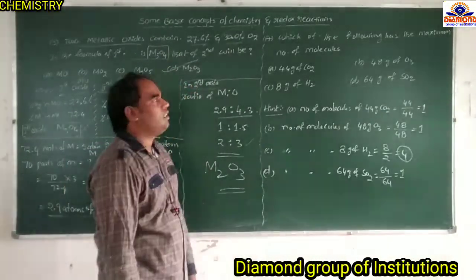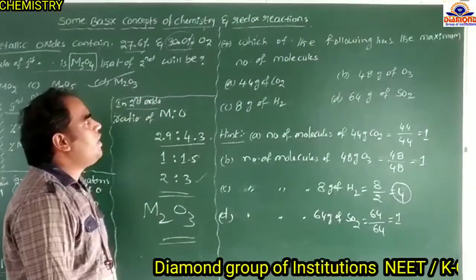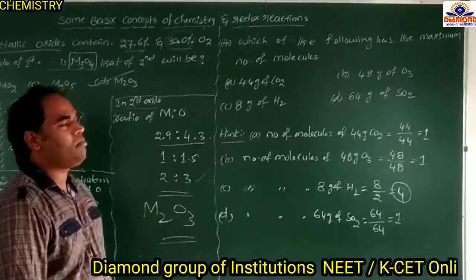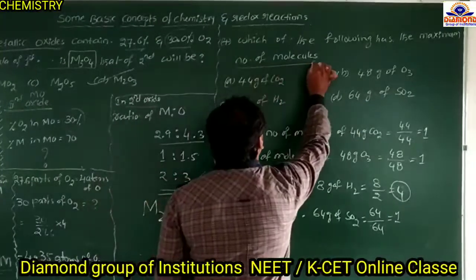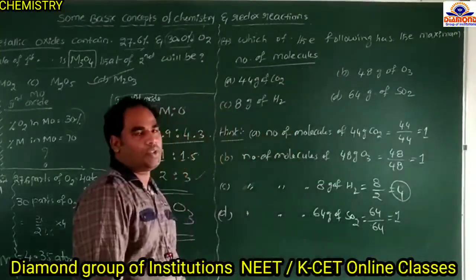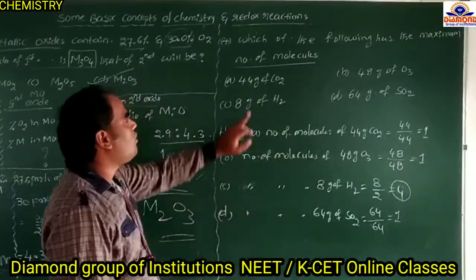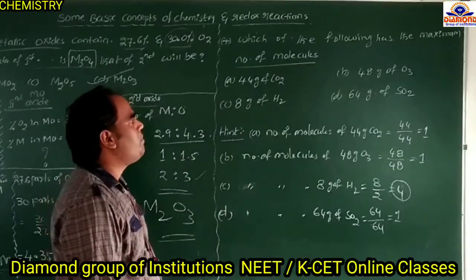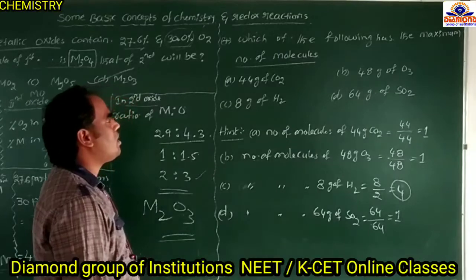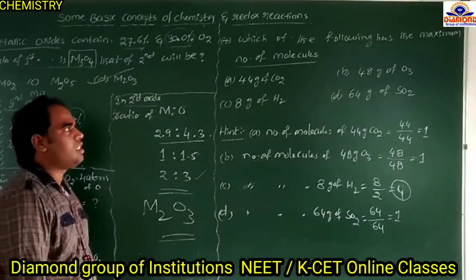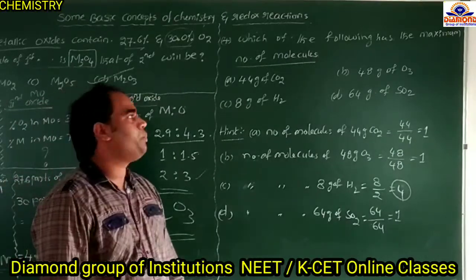Question number 4. Which of the following has the maximum number of molecules? Option A, 44 grams of carbon dioxide; B, 48 grams of ozone; C, 8 grams of hydrogen; D, 64 grams of SO2.